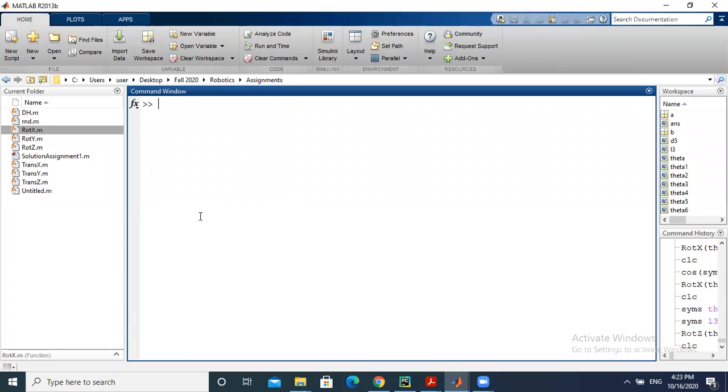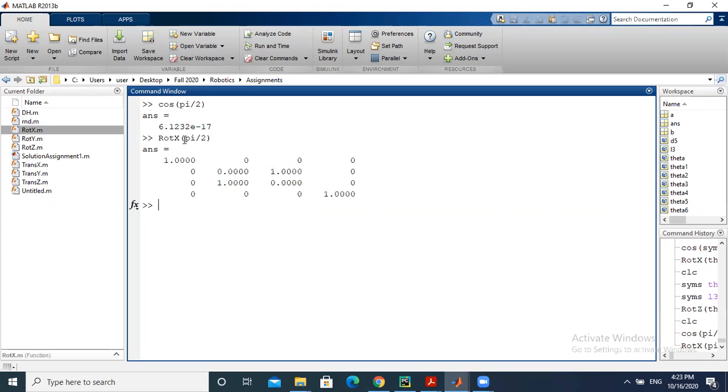All right, regarding last time, notice that we actually had a small issue. If you do cosine pi over 2, it actually returns a very small number. If you apply that inside a rotation transformation, it will return that.